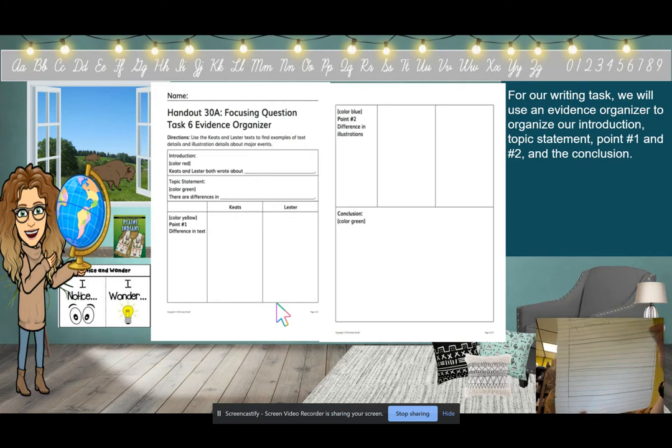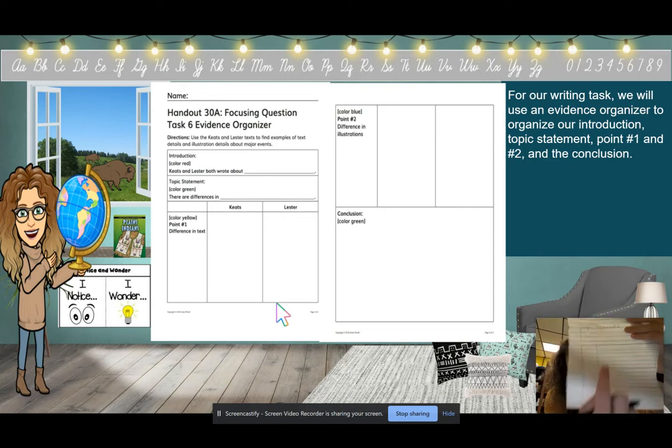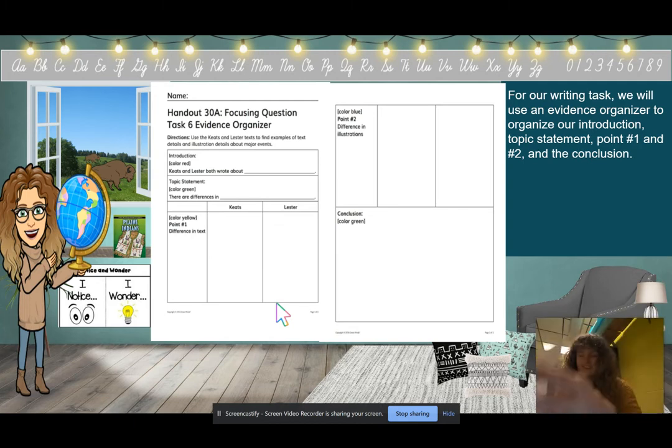I split that box in half. I put a line down the side and I have a small line on the top. You see that? All right, and then I'm going to put another line down the middle. And I'm going to write Keats and Leicester.